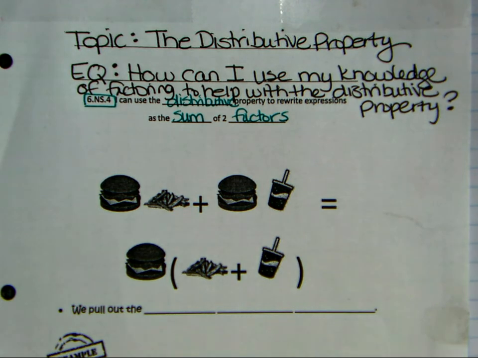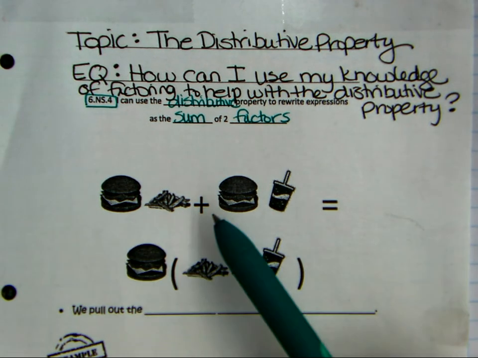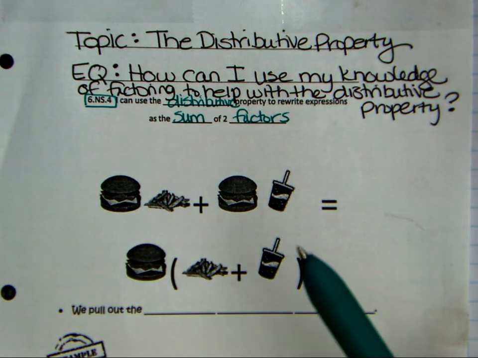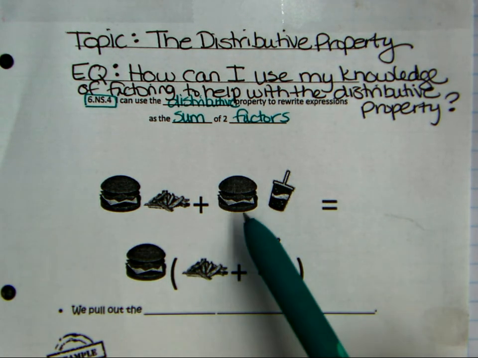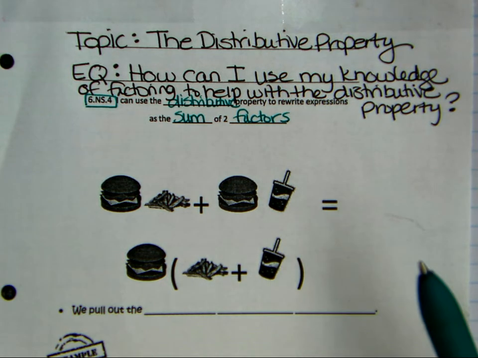So what we want to look at here, guys, is we're going to be pulling out the common factor in an equation or an expression. So if you look at this kind of silly example, you'll notice I have this person purchased a cheeseburger and fries when they went to In-N-Out. This person purchased a cheeseburger and a milkshake when they went to In-N-Out.